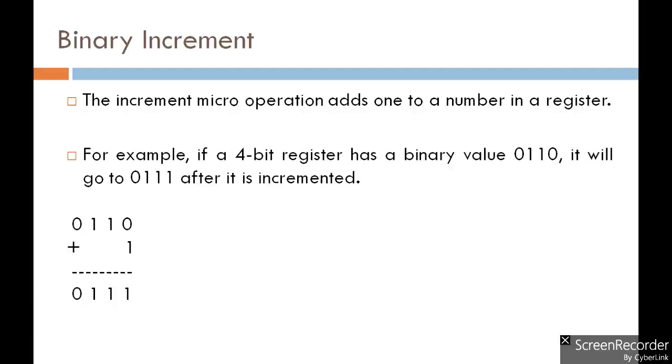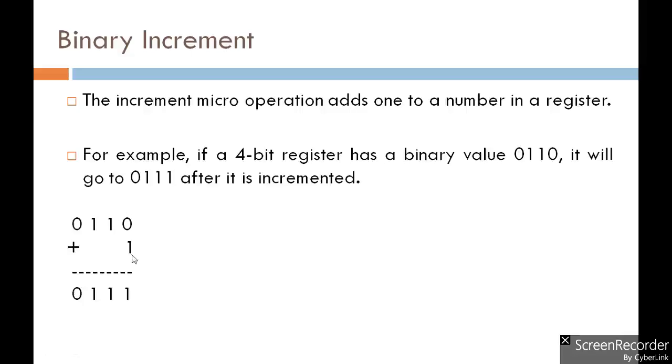So if we consider the example of a 4-bit binary number, that is 0110, and we want to do the increment operation on this number, then we have to simply add 1 to its rightmost bit, right? So after performing the increment operation, we will have 0 plus 1 giving 1 and the remaining bits as they are.